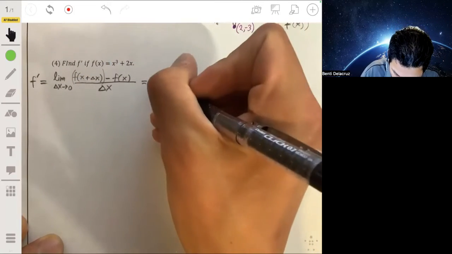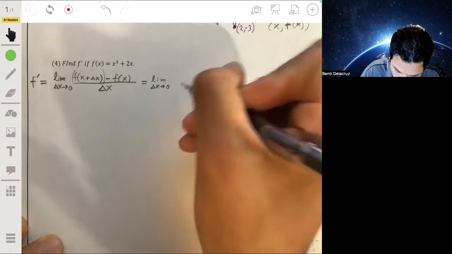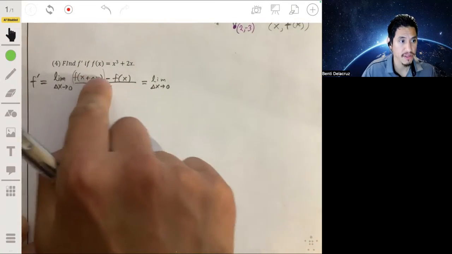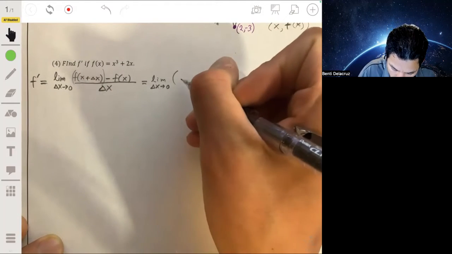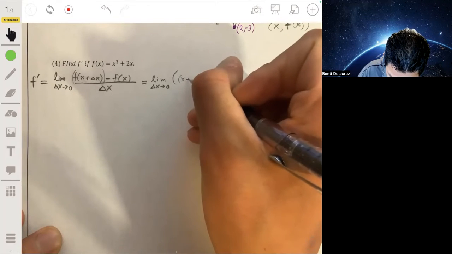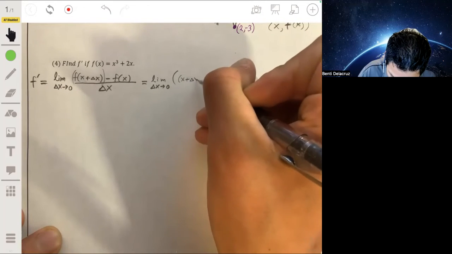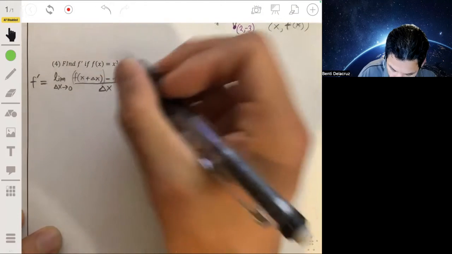So this will be equal to the limit as delta x goes to 0. So everything inside here will be cubed. So we're going to have x plus delta x cubed plus 2 times x plus delta x.